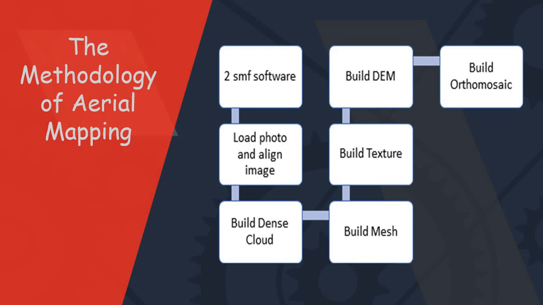We used Adaptive Orthophoto as the mapping mode and Mosaic by default as the blending mode. This step is very important to build the texture as the final result. After finishing the texture, creating the digital elevation model, DEM, is the next step for aerial mapping. A DEM is a regular grid of height values and represents a space model.